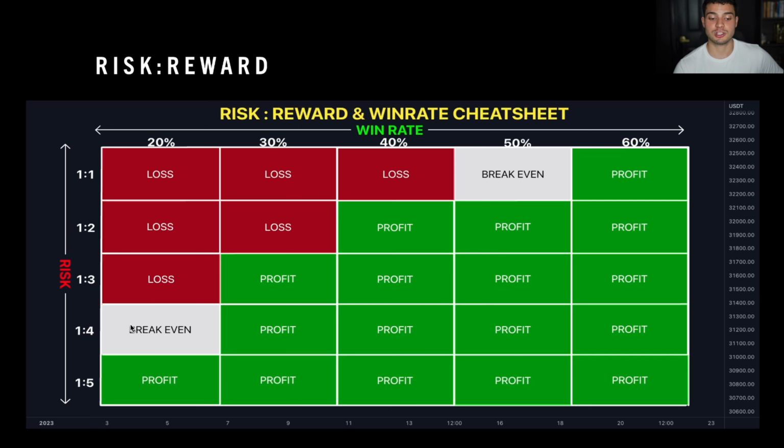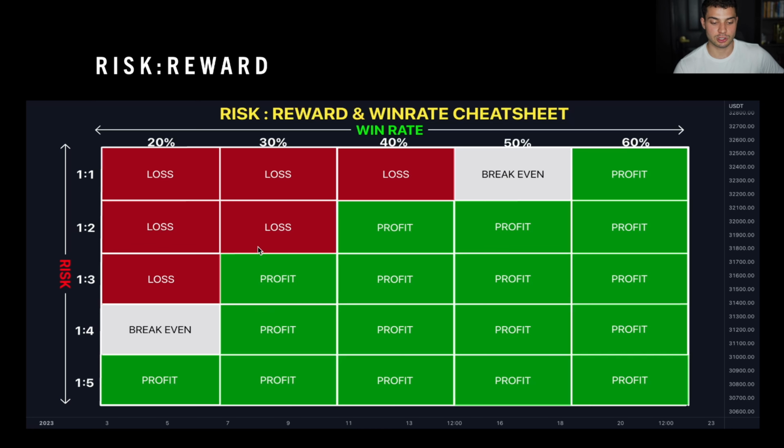But with 20%, you have to risk $10 to make $50 to actually be in profit, okay? And your strategy might be only 20%. My strategy isn't 20%. It's much higher than that. So I don't see you guys being anywhere here, but you might. That's why I put all this in there so you understand what win rate percentage you have. This is the risk to reward ratio that you should have to become profitable, okay?